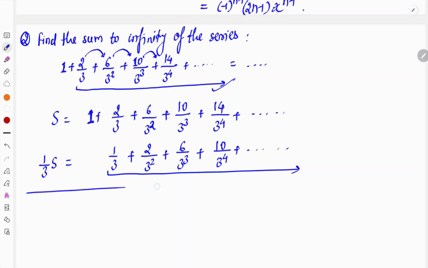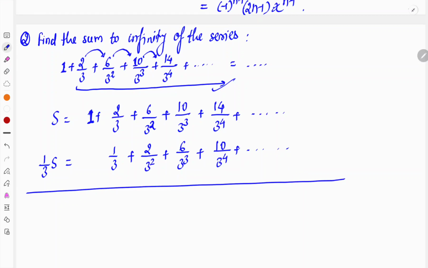Okay, now you subtract it. Equation number 1, equation number 2, subtract equation 2 from 1. So you will say, sir, S minus 1/3 S. What are you going to have? 1 here, nothing is 0, so 1.